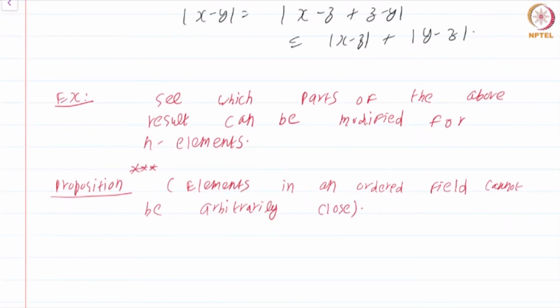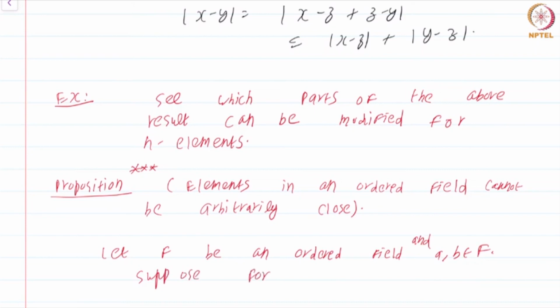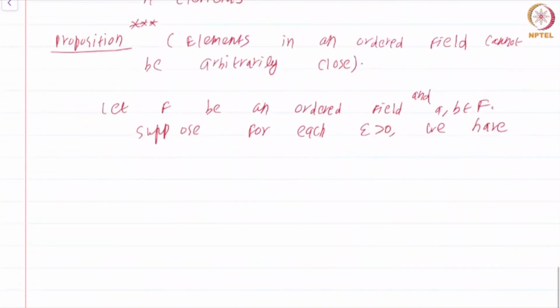Let F be an ordered field, and let a, b be in F. Suppose for each epsilon greater than 0, we have modulus of a minus b less than epsilon, then a is equal to b.